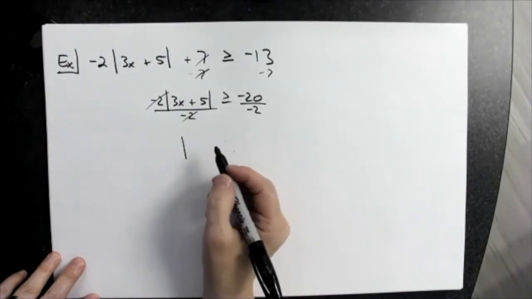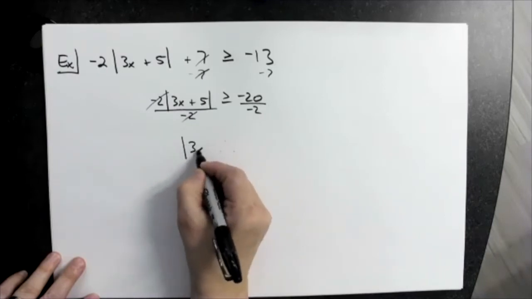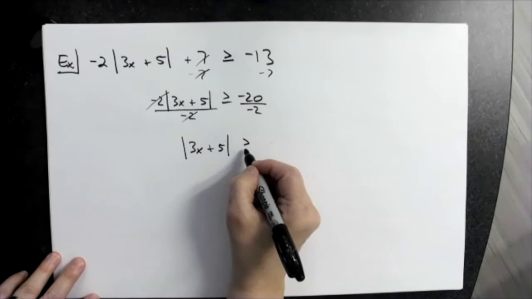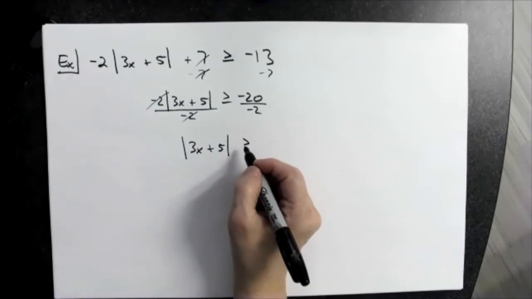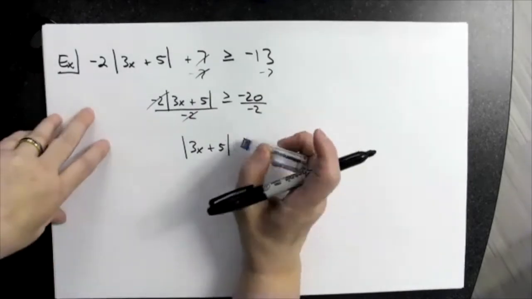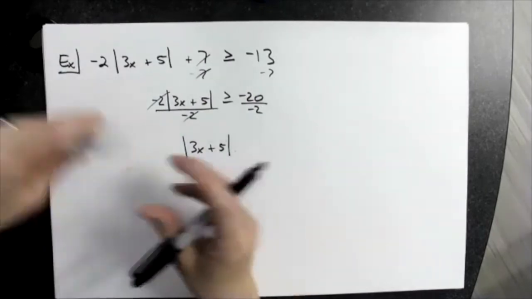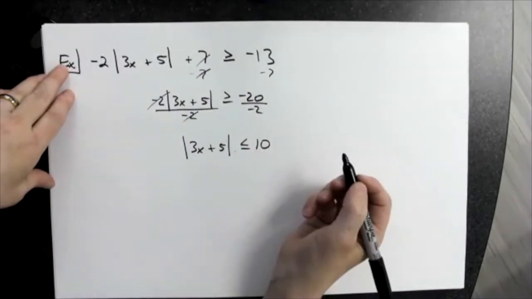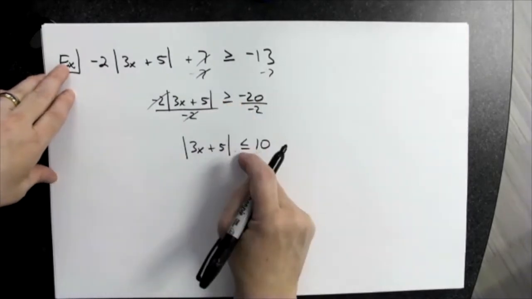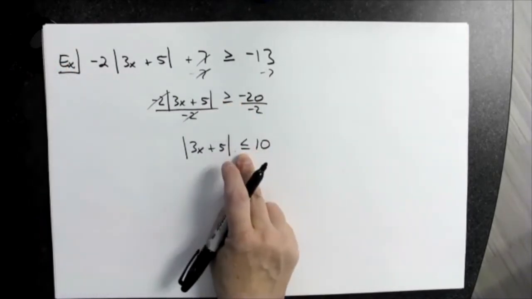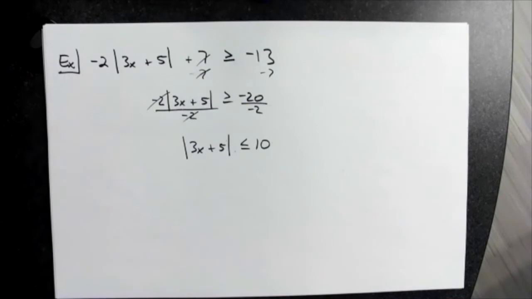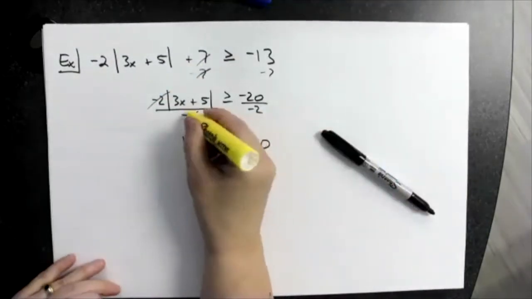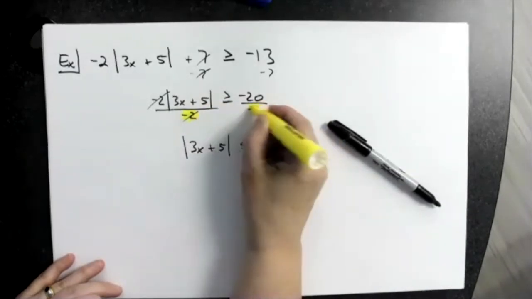Now I'm down to just a set of absolute value bars, 3x plus 5. Now, what do I have to do to that sign? Flip it, because I just divided by a negative, so don't make the mistake I was just about ready to make. So flip it: less than or equal to 10. Me flipping it here has nothing to do with breaking it up into 2 and flipping it there. I flipped here because I divided by that negative 2.